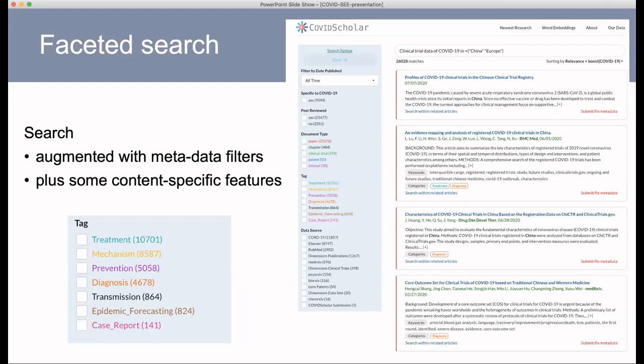And what they've done is, in addition to the obvious metadata filters, was it peer reviewed or not? Where did it come from? Is it in PubMed? Is it in Elsevier? Where is it coming from? They added in some content specific features which involve essentially classification of the documents according to a number of different dimensions.